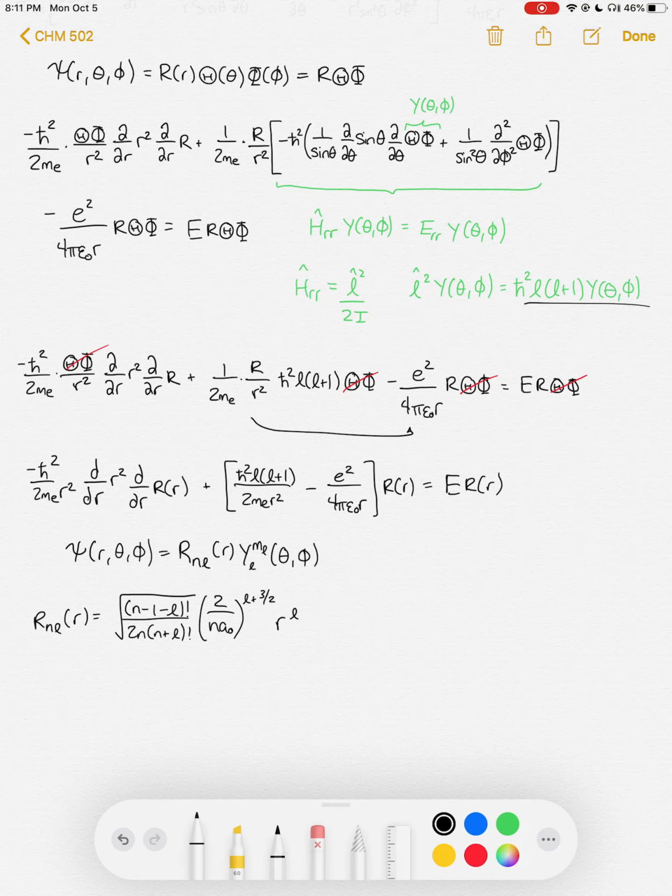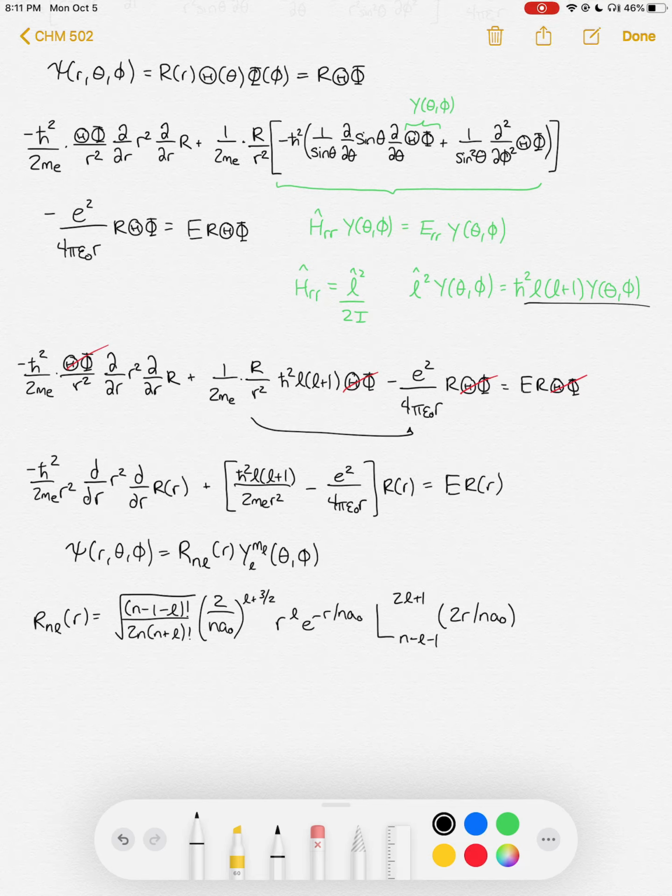This is multiplied by r to the l, and then times e to the minus r over n a naught. And then this is all multiplied by another polynomial that we're going to write here. So this polynomial is L with indices n minus l minus 1 and 2l plus 1. And this is a function of 2r over n a naught.